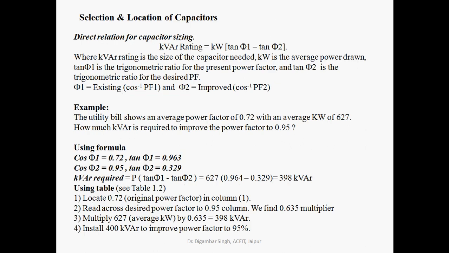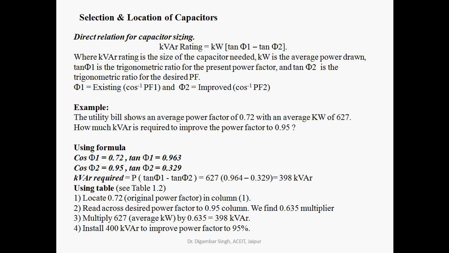So what is the selection and location of a capacitor in a particular distribution line? The direct relation for capacitor sizing is the formula: kVAR rating is equal to kilowatt into (tan phi 1 minus tan phi 2).